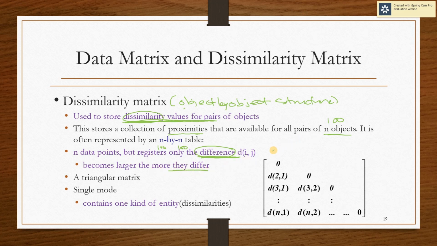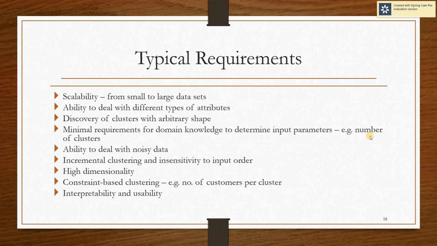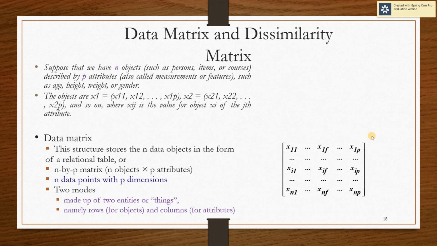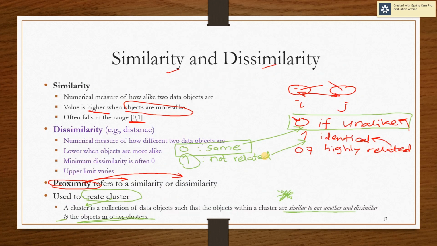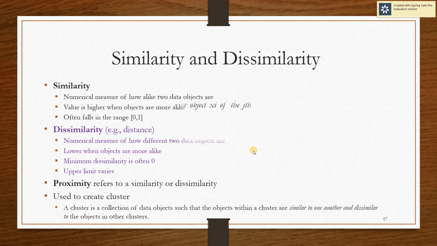If you still remember the concept of dissimilarity previously, if the value is 1, it means they are unrelated at all. If the value is 0, meaning that they are the same.